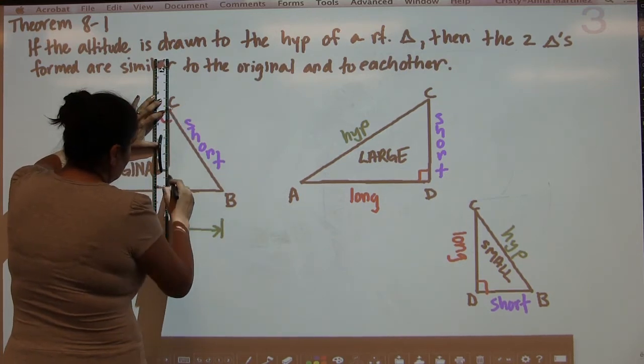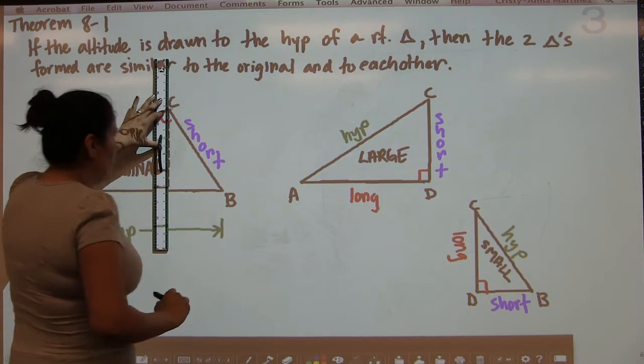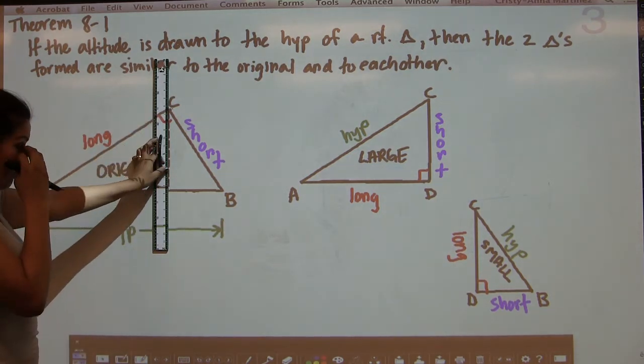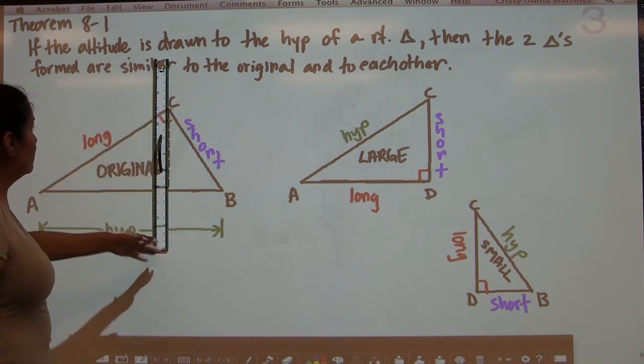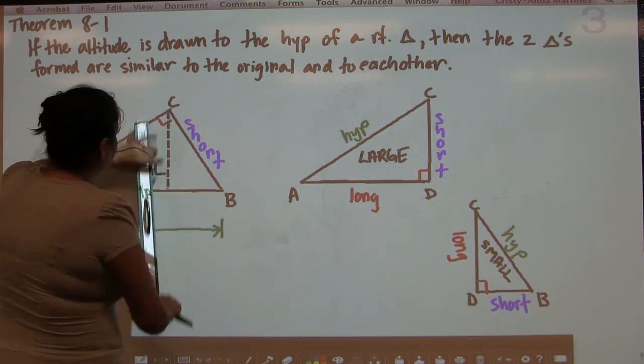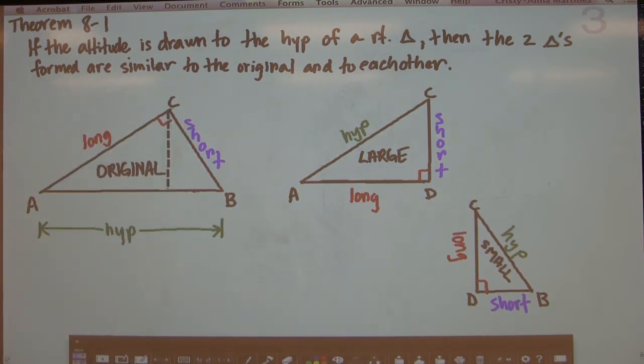The first thing I want to do is draw in the altitude to this very first triangle. So we had triangle ABC, and I am drawing the altitude because it says here in the theorem, if the altitude is drawn to the hypotenuse of a right triangle.